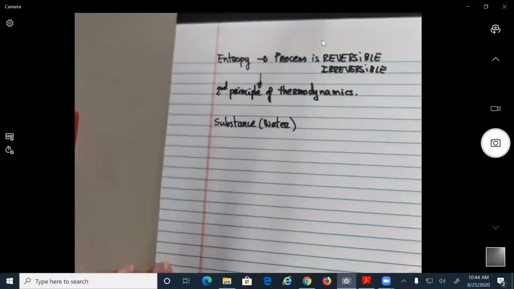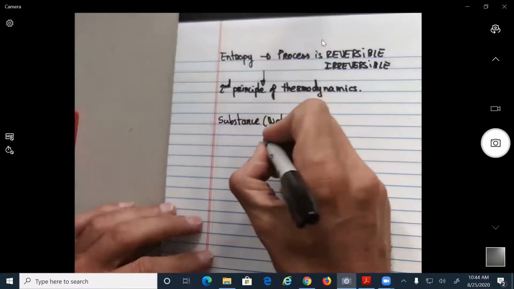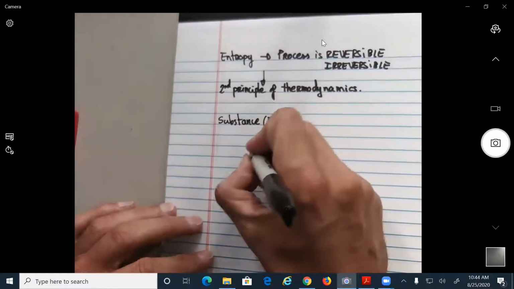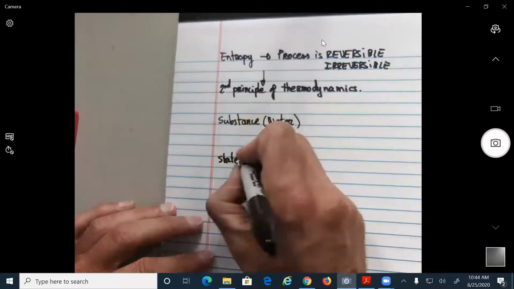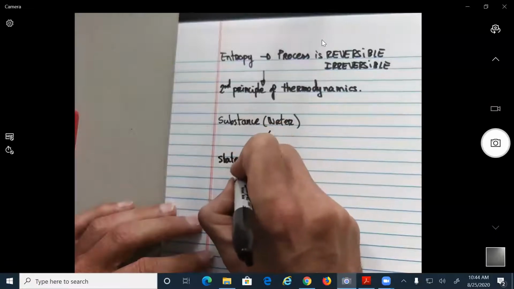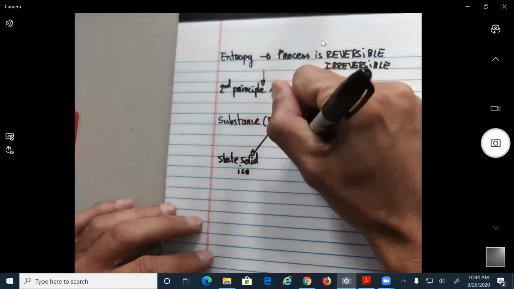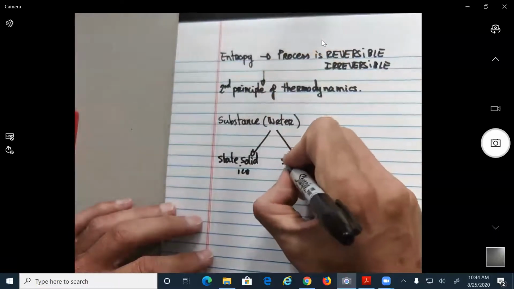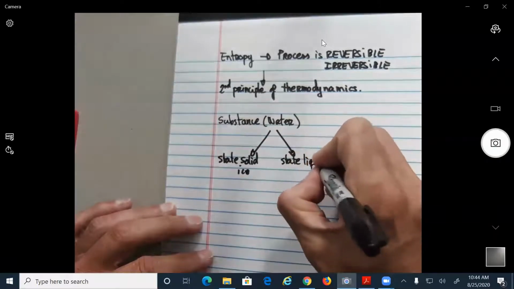So you can find a substance in different states. So you can find water in state, let's say, solid. That will be ice. You can find water in state liquid.